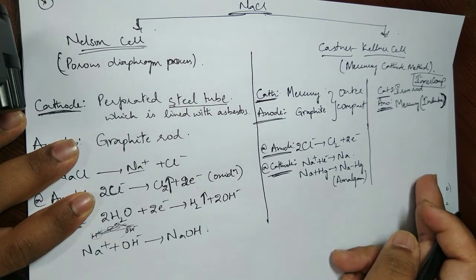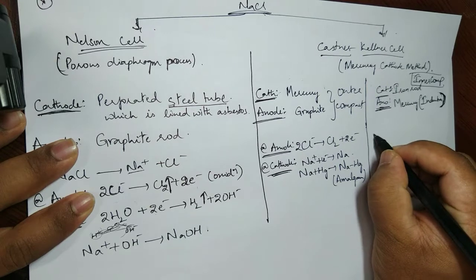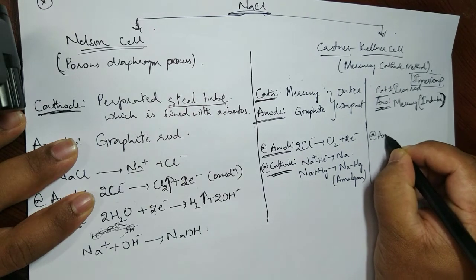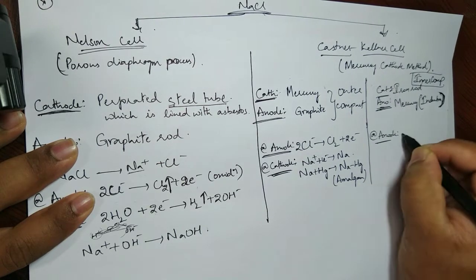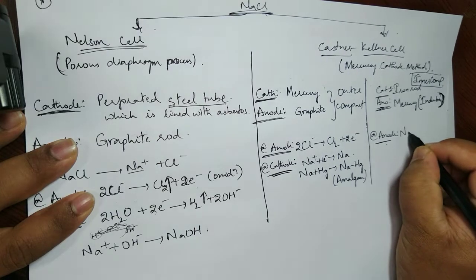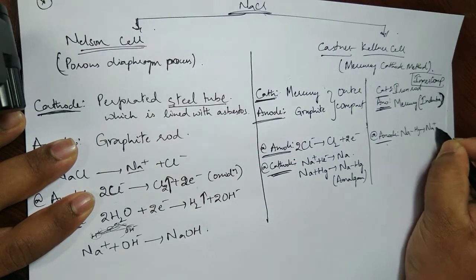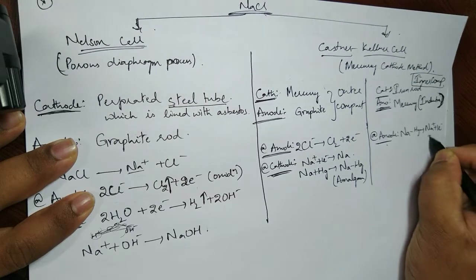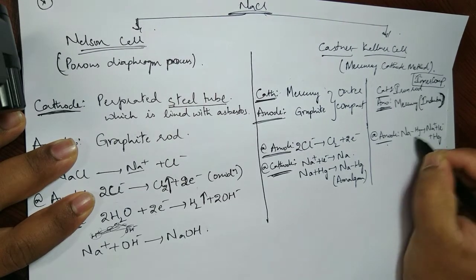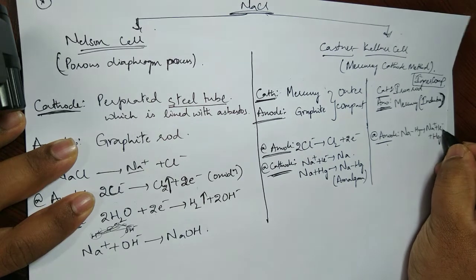In the next case, in the inner compartment, now the reaction happens there. At the anode, NaHg breaks down as Na⁺ plus 1 electron plus Hg. The bond is broken and the sodium loses 1 electron.